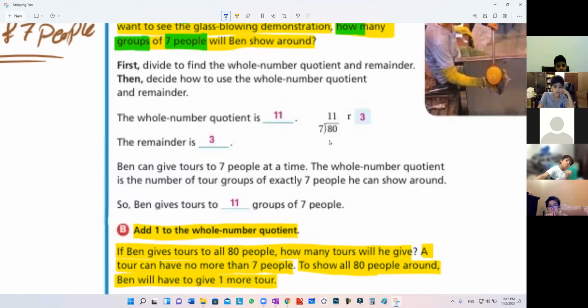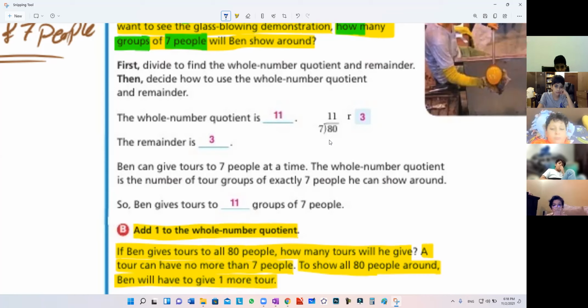So if Ben needs to show all the 80 people around, what are we going to do? He needs to add one more tour, right? Yeah. So he needs to give the 3 people remainder one more tour, right?